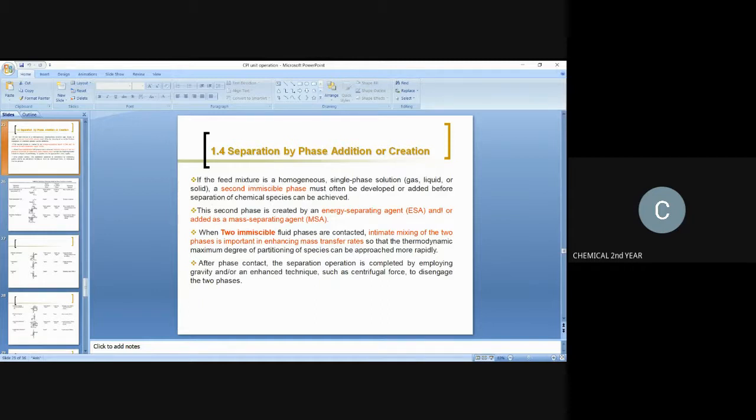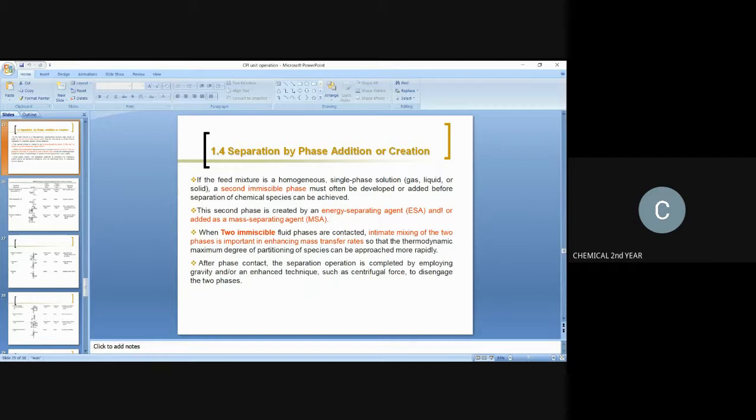Separation by phase addition or creation. If the feed is a homogeneous phase solution, solid, liquid, or gas, the second immiscible phase must often be developed or added before the separation of chemical species can be achieved. The second phase is created by an energy separating agent and or added as a mass separating agent.